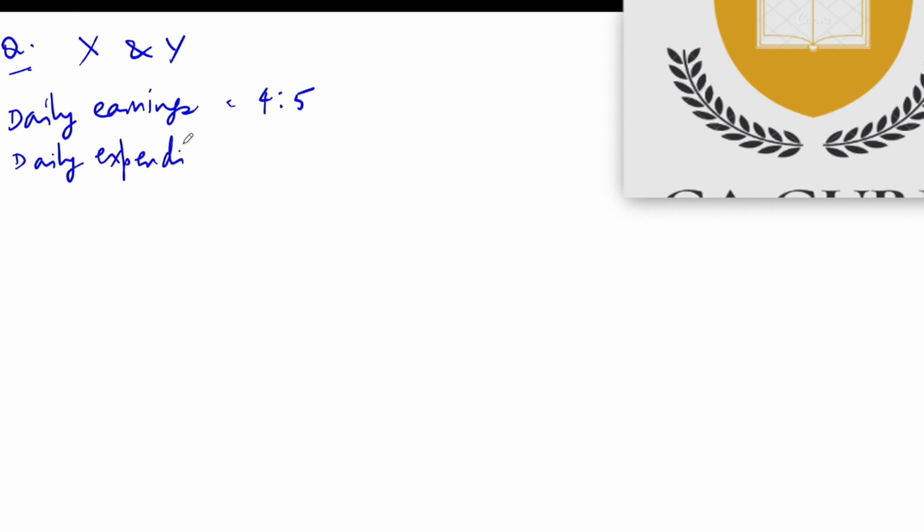Now we have two people, X and Y. Okay, their daily earnings is given as 4 is to 5, and the daily expenditure of these two people is 7 by 9, and the daily savings of these two people is rupees 50 each.